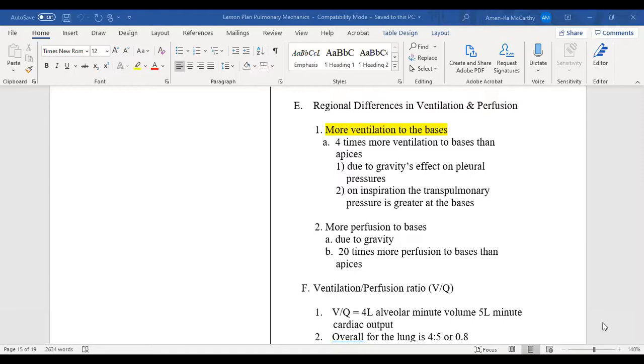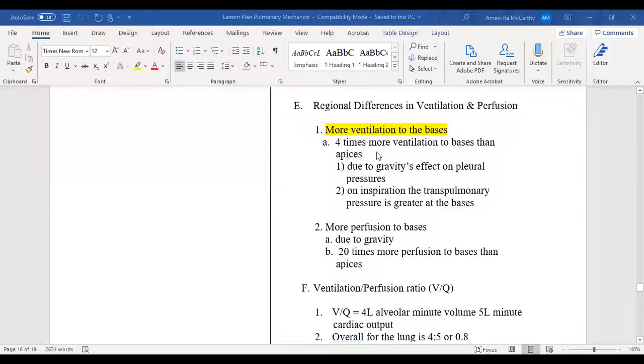And you would think since air rises that there will be more ventilation going on at the top, but that's not true. More ventilation is at the bases of the lung than at the apices of the lungs. Okay, so this is the base of the lungs here. This is the base, the bottom. Apices at the top.